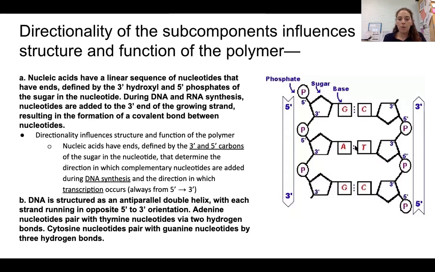Cytosine pairs with guanine nucleotides by 3 hydrogen bonds, so it does take more energy to break apart a guanine and a cytosine compared to an adenine and a thymine. And just a reminder, here is our double helical shape of DNA.